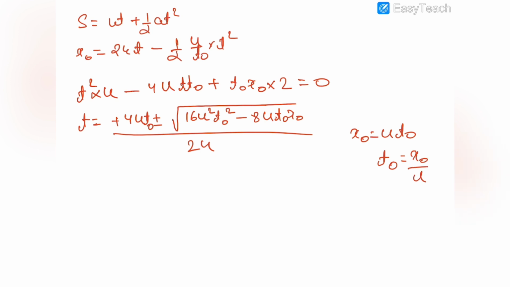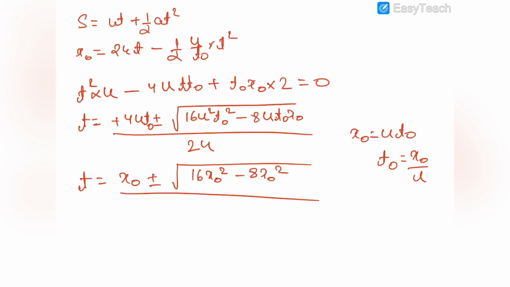So t will be equal to 2u, u t naught is x naught, so this is x naught, plus minus under root of 16 x naught square, and this is 8 x naught square, divided by 2u.